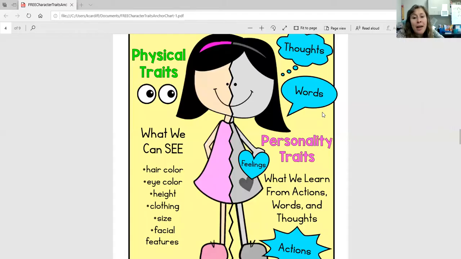And then I actually will start with this text. So my sentence stem for this section would be the physical traits, the external traits that we have. We will also have a word bank for the students to come across what words we would use.